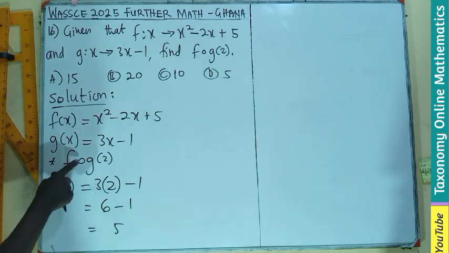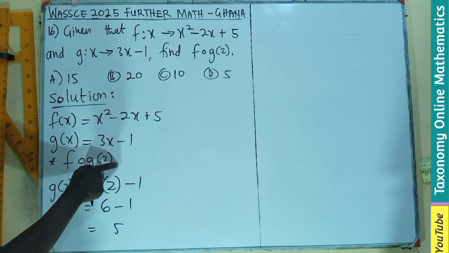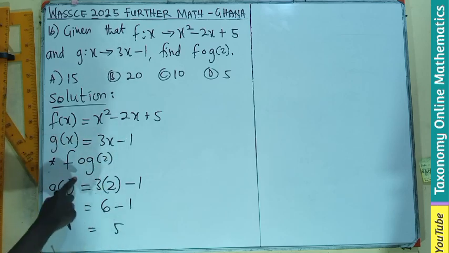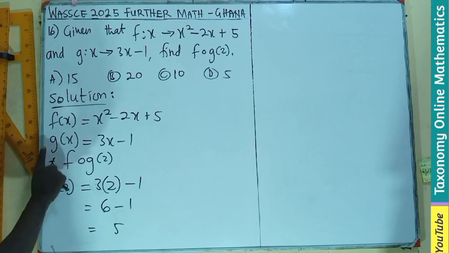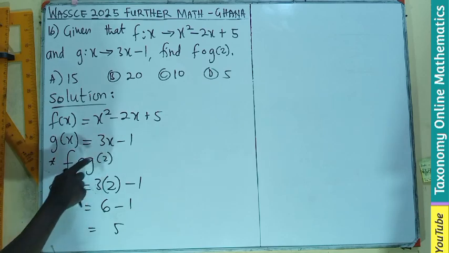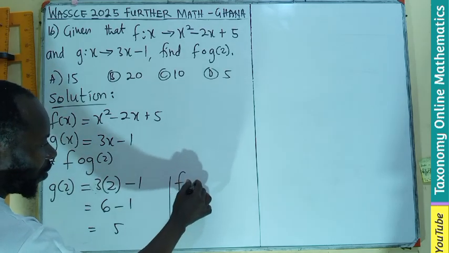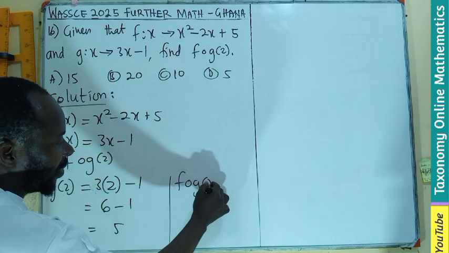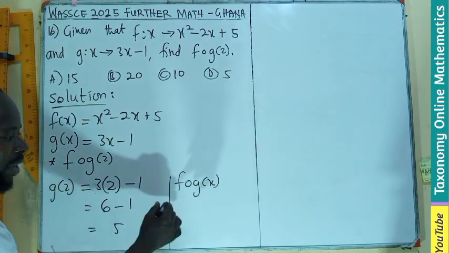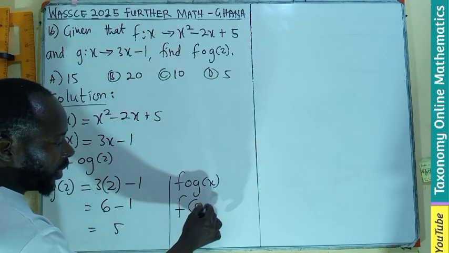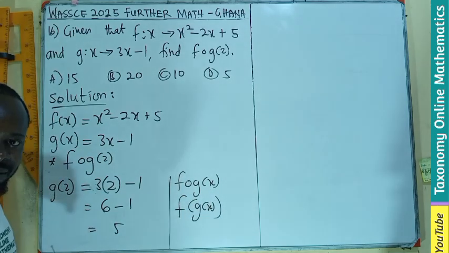But you're saying f of g of 2. Meaning f of 5. That's the meaning of that. It means the f is going to be pregnant with this. We are picking this, how do you call it? The f of g of x, like this.